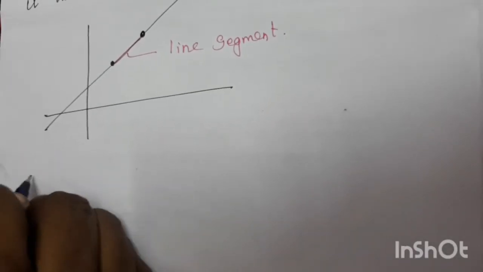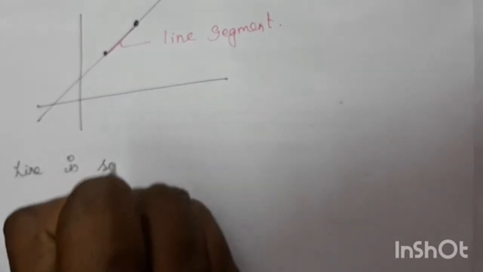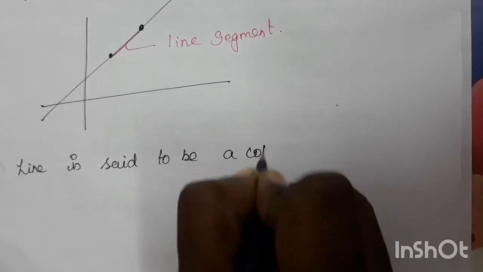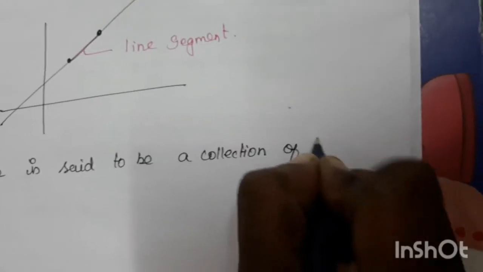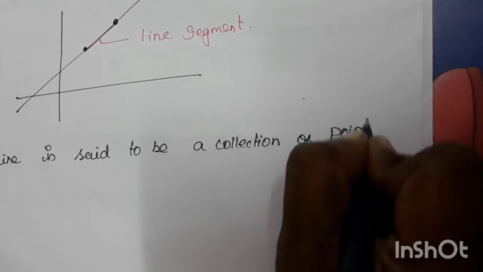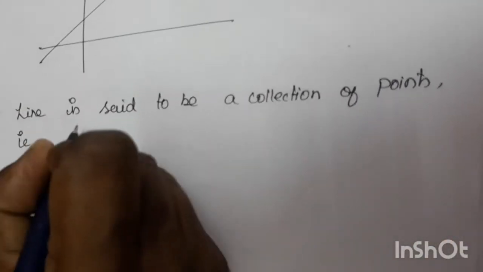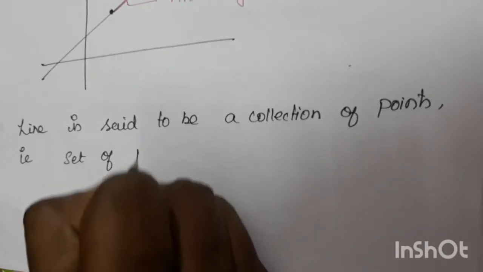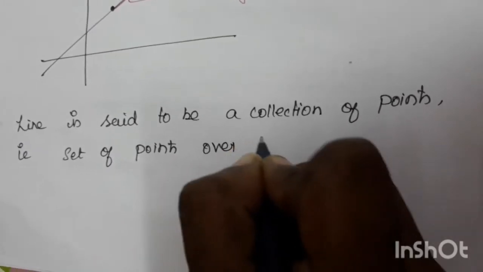A line is said to be a collection of points, that is a set of points over a part.